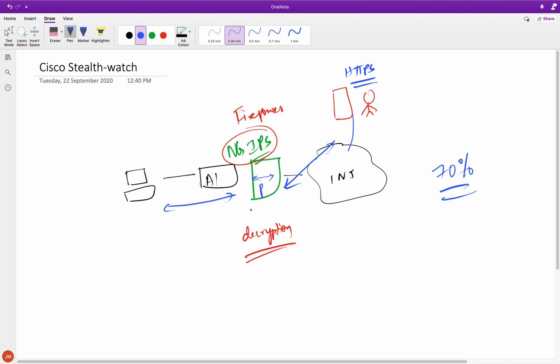But the problem here is that your NG-IPS needs an enormous amount of CPU. There's going to be a super huge load on your NG-IPS if you use it in this fashion. There are a lot of customers who do use this feature, SSL decryption and so on, but they would probably do it on a very small subset of traffic, not 100% of their traffic.